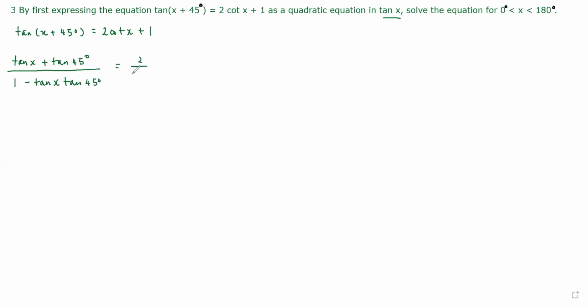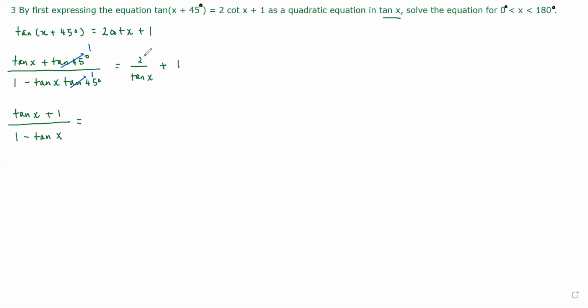Cotangent is the reciprocal of tangent, so we can rewrite this as 2 over tangent x plus 1. And we know that tangent 45 is 1, so the left side can be written as tangent x plus 1 over 1 minus tangent x.